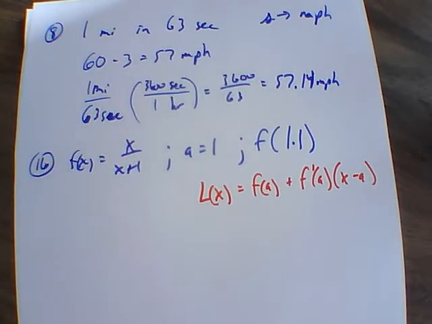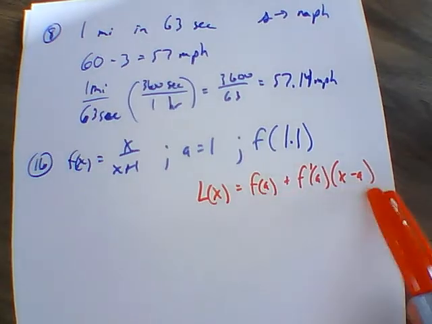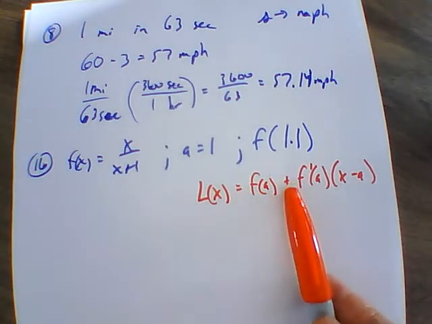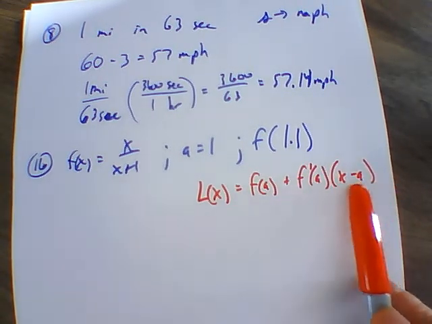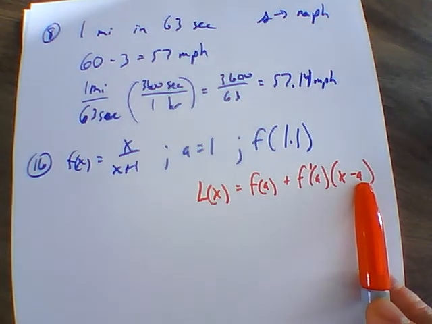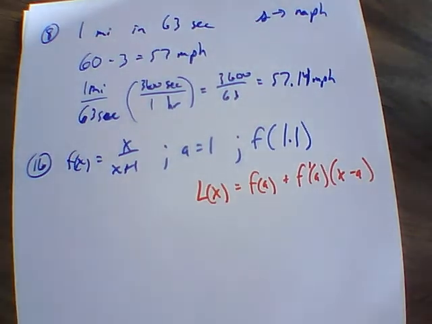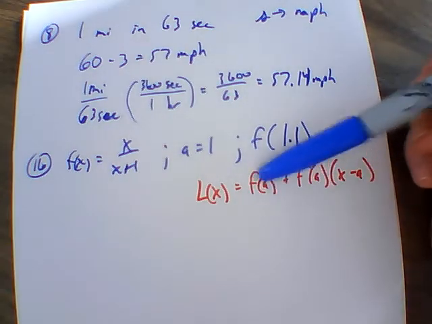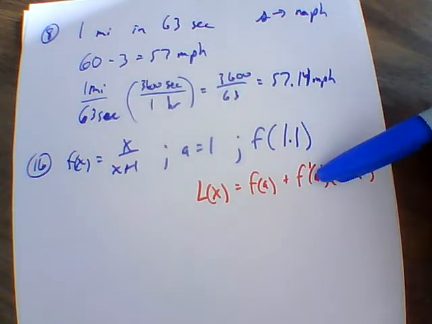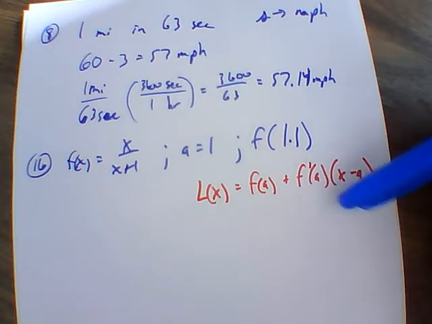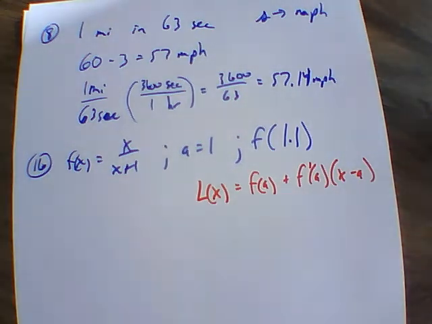So we're trying to fill in this function right here where this is a value, and then this is going to be an x minus a. Basically, we're using our point slope formula, because we're going to have our slope at a given point, and then that overall interval that we're working with.